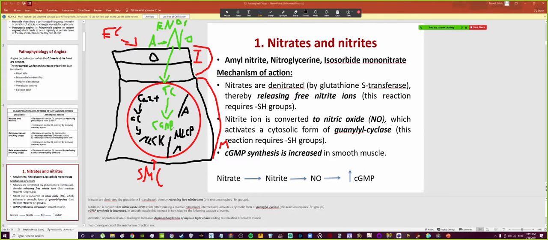Myosin light chain kinase does phosphorylation, while myosin light chain phosphorylase dephosphorylates. It removes the phosphate group from the myosin. And what happens to the myosin? It will detach from the actin. There will be smooth muscle relaxation, sorry.